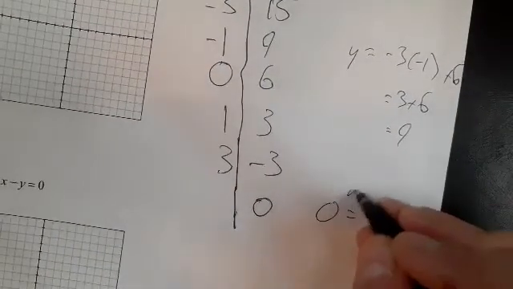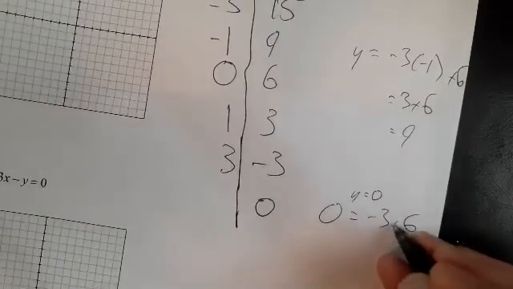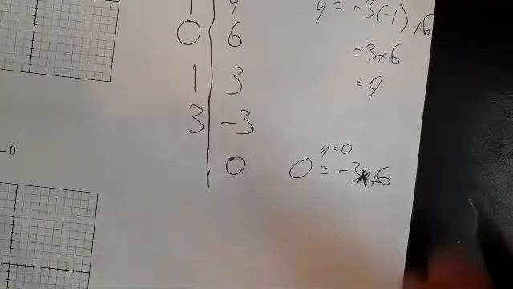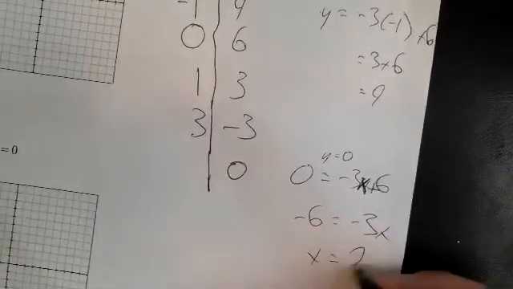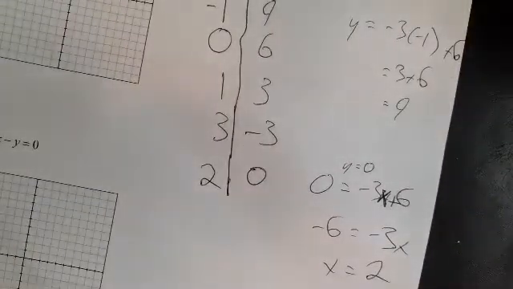So I'm plugging in where y is 0, and I want to solve for my x. Move the 6 over. Minus 6 equals minus 3x. x should be 2. So this thing should be 2.